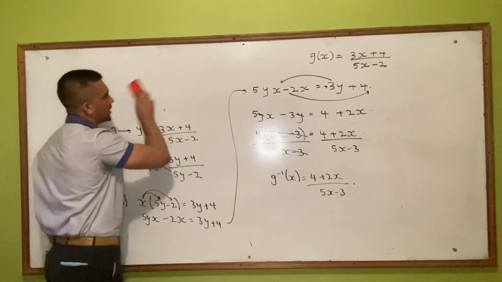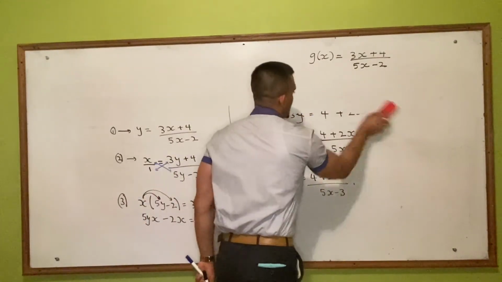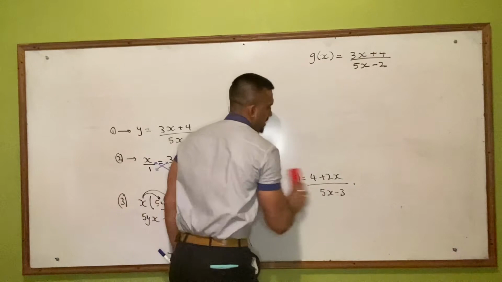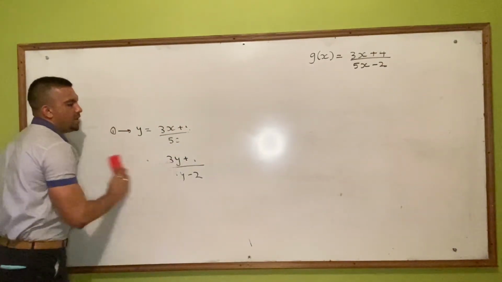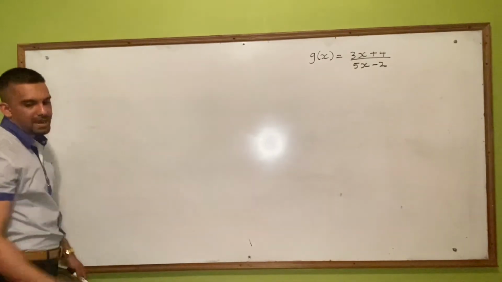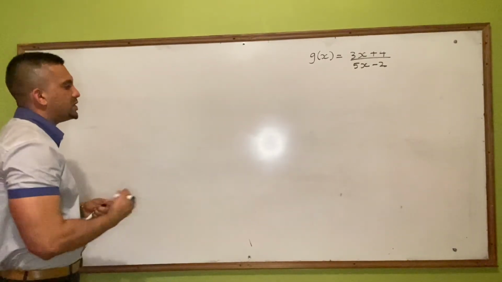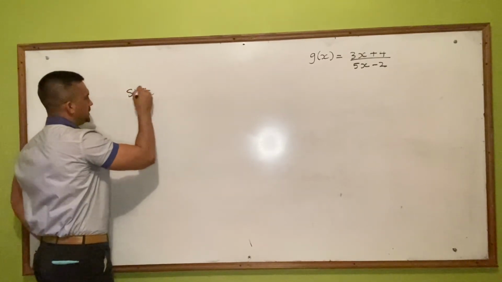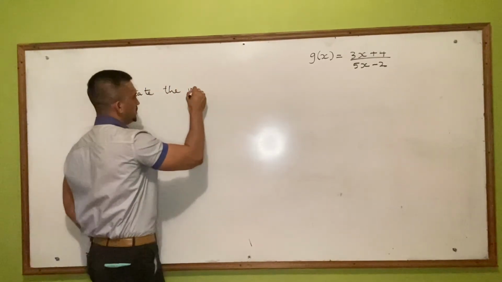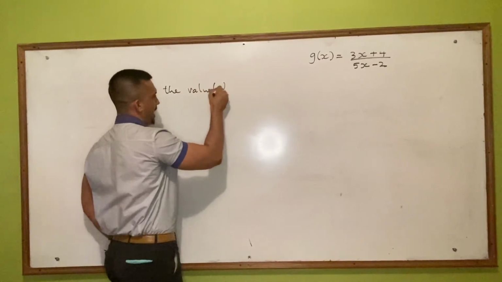So the last thing under functions is that CFC can ask us to find the values of x for which the function like this is either undefined or for which the function is 0. So one question that you can ask: state the value or the values.